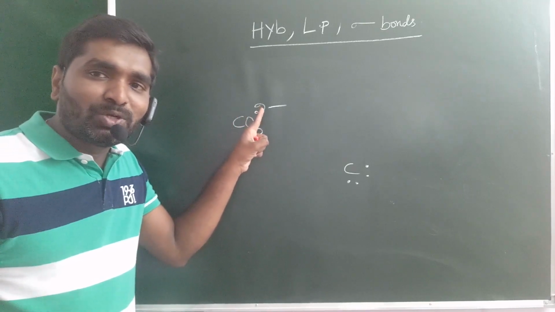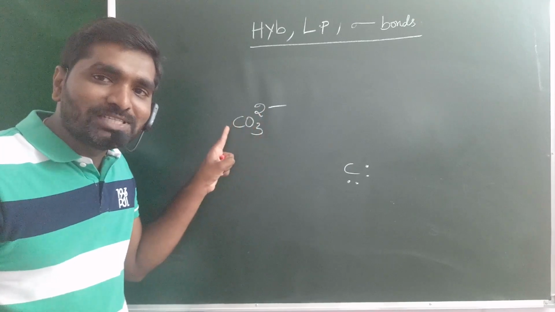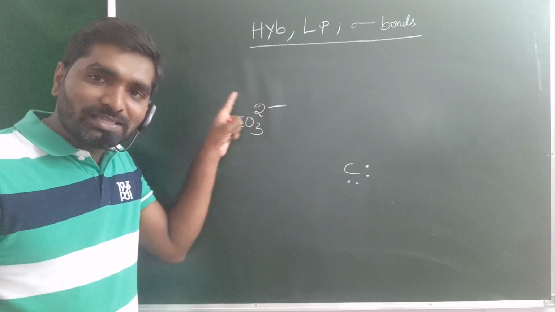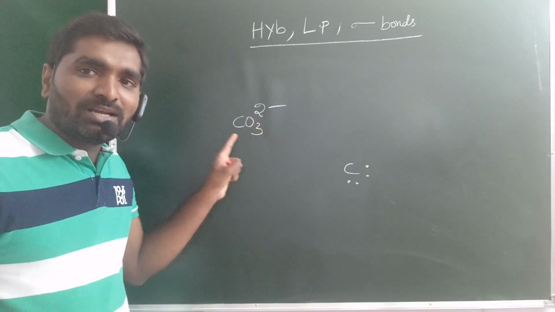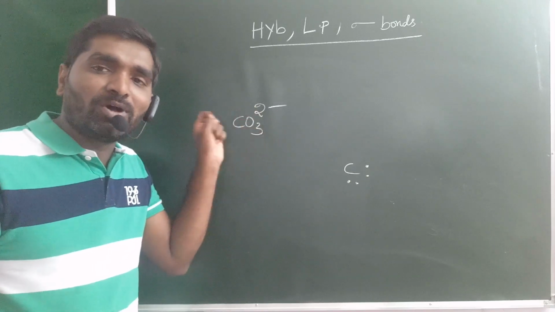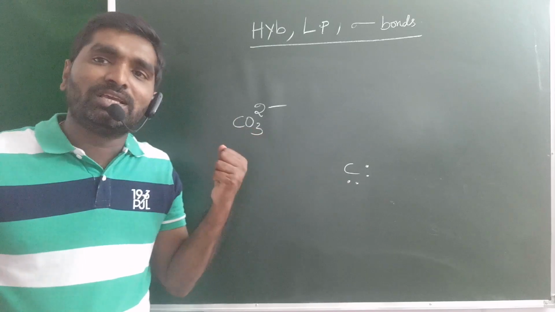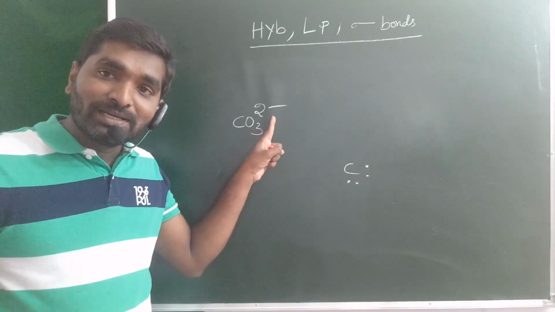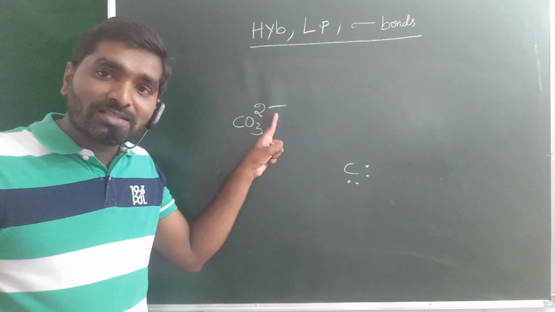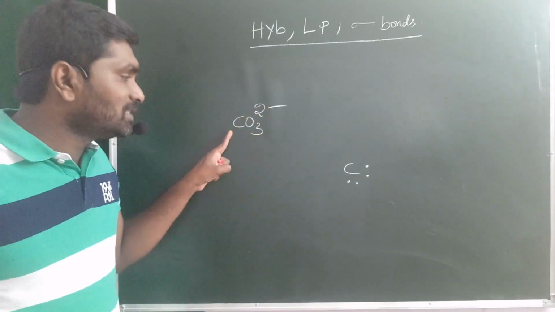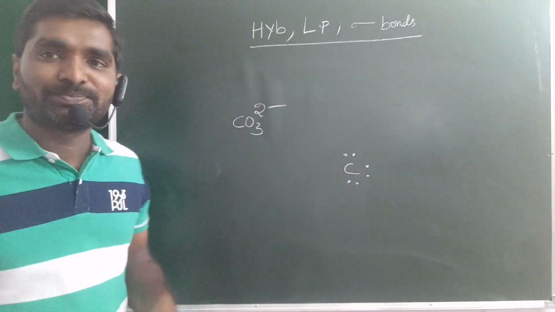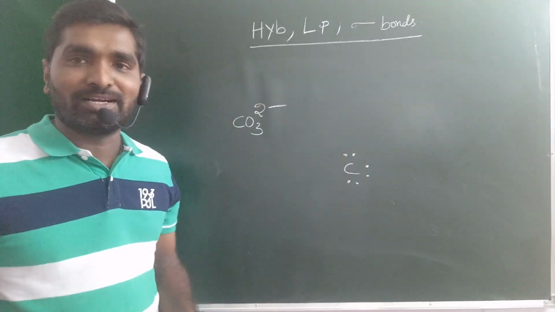That means 2 electrons must be added to the central atom. If the charge on the acid radical is positive, you just remove the same amount of electrons. Here the charge is negative, that's why 2 electrons should be added to the central atom: 1, 2. Okay guys, so total 6 electrons.